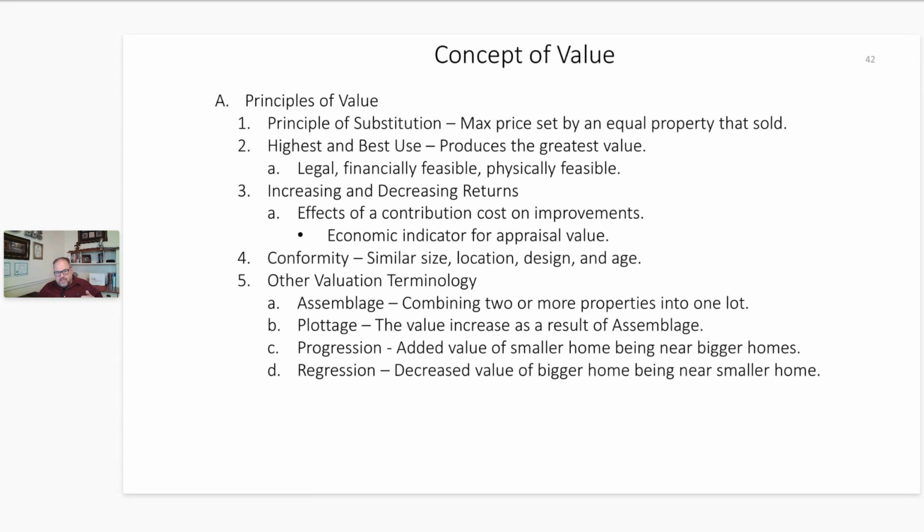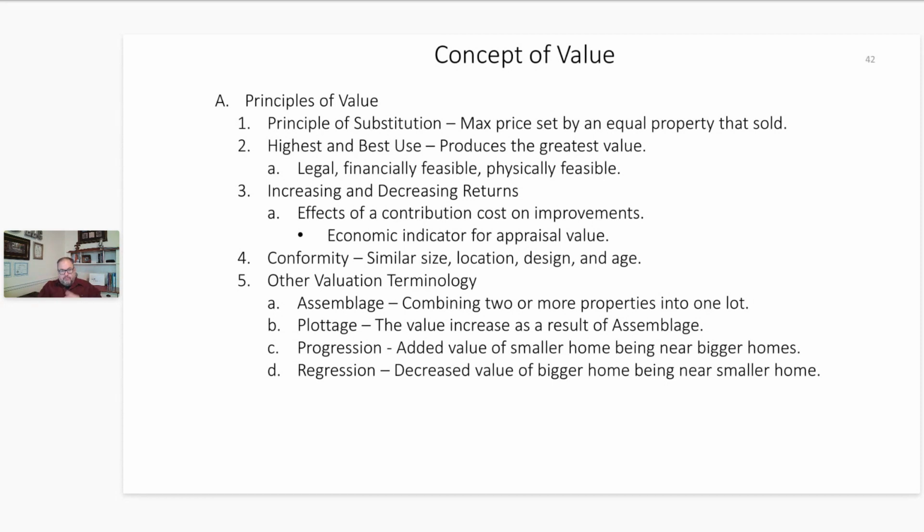Assemblage and plottage are two terms you want to know. They go together. Assemblage is the physical combining of two lands or two lots together. Okay. Two lots that may list for $50,000 each. I'm going to resurvey it and make it a 1-acre lot. 2 half-acre lots, it's now 1 acre. When I sell it, if the value of that 1 acre exceeds the value of the 2 independent half acres, that's called plottage.